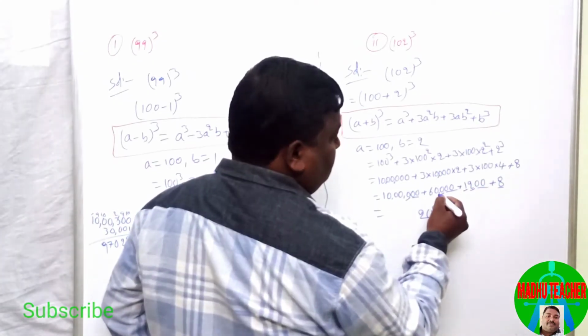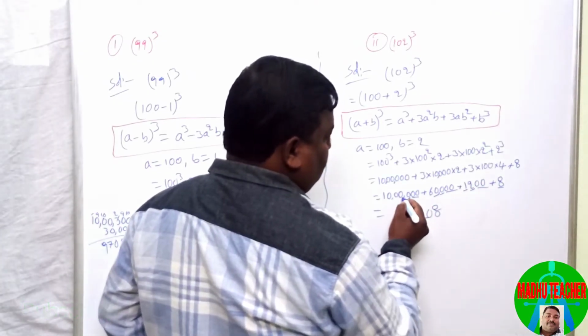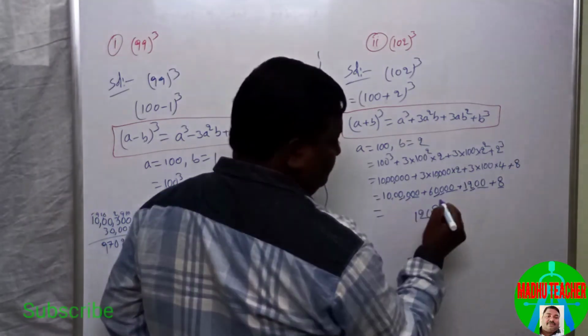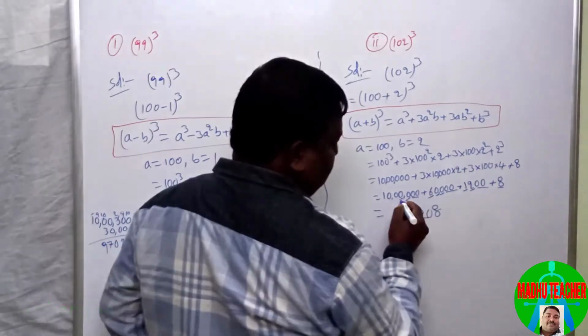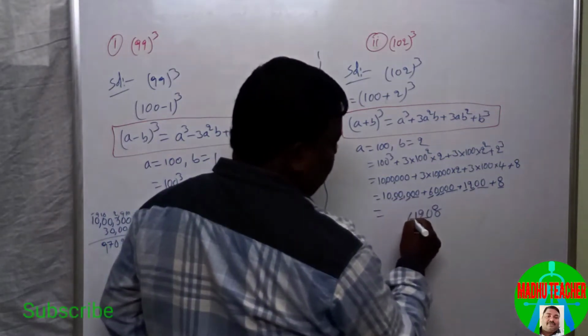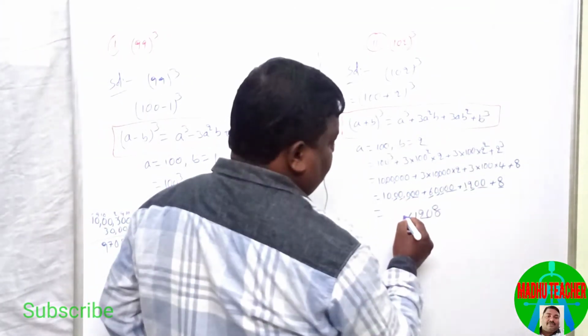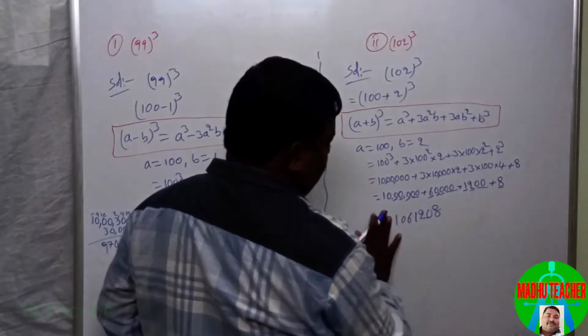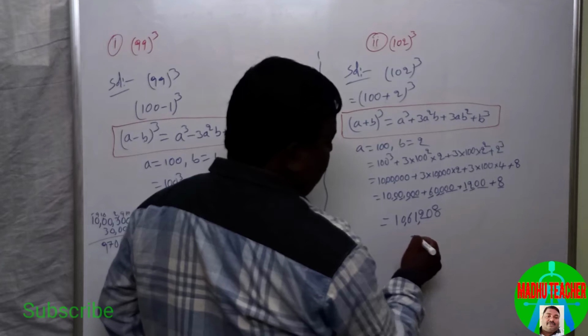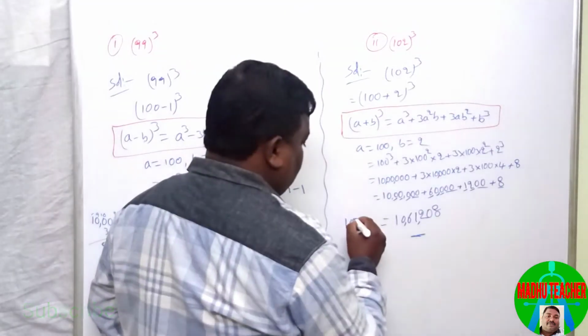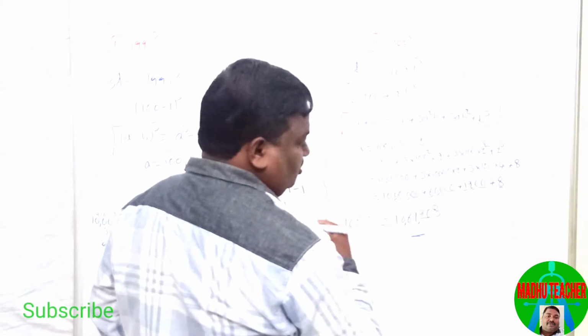Thousands place 1 plus 0, 1 plus 0, 1. Next, 10,000: 6 plus 0, 6. Next, lakhs: 0, 10 lakhs, 1. So that equals 10,61,208. So it is 102 whole cube equal to 10,61,208.